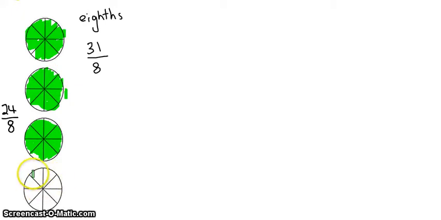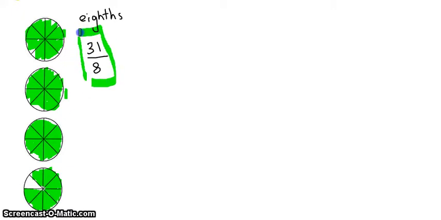So I've got 24 so far, so we'll go 25 eighths, 26 eighths, 27 eighths, 28 eighths, 29 eighths, 30 eighths, and 31 eighths. Okay, notice there's one left over. So I no longer have shaded my 24 eighths there, but I have shaded my 31 eighths, which is here. Okay, we represent that fraction as 31 eighths.